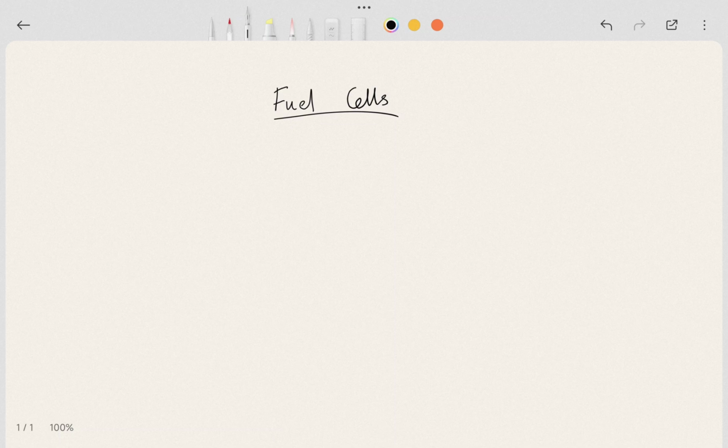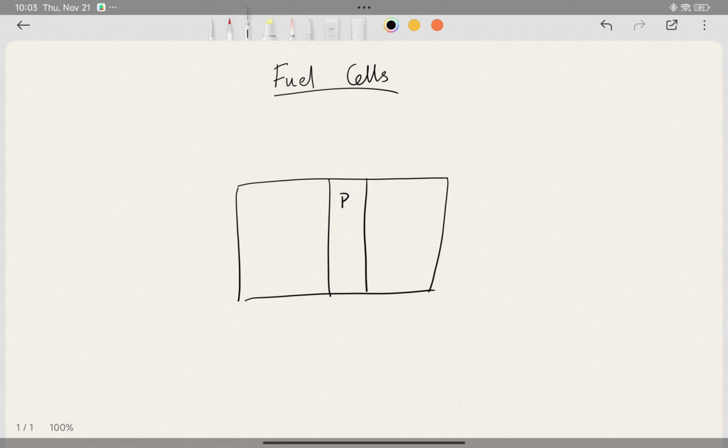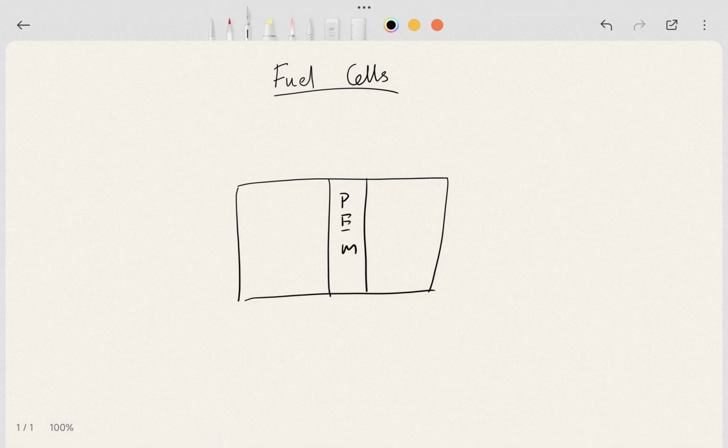So, let me give you an example of what a fuel cell looks like. So imagine you have a battery like this, a fuel cell battery. Then you have something like a membrane. It's actually called the PEM, which is called the proton, um, something membrane. Proton exclusion membrane.